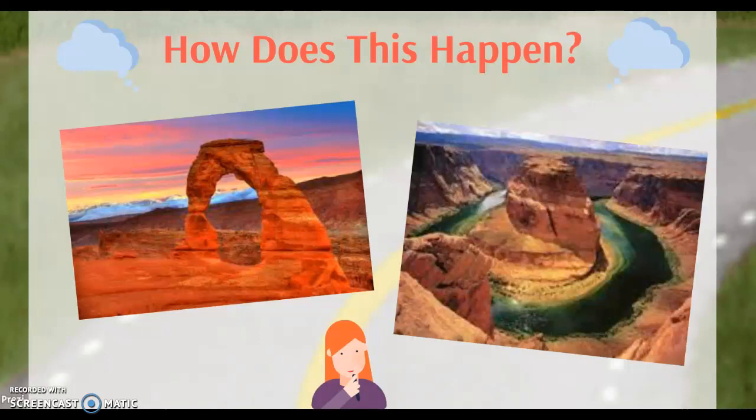So we learned a little bit about landforms, what they look like, and what titles them as landforms or describes them. But how does this happen? Two processes that help create and form landforms and can change them over the course of time are known as weathering and erosion.